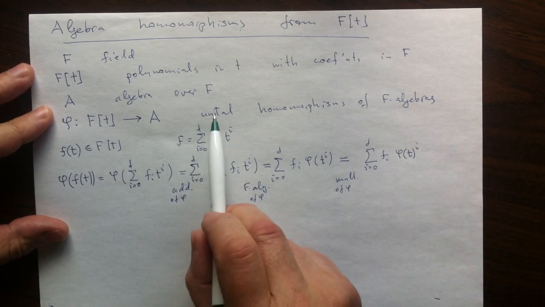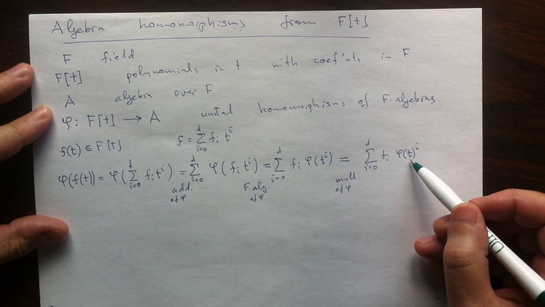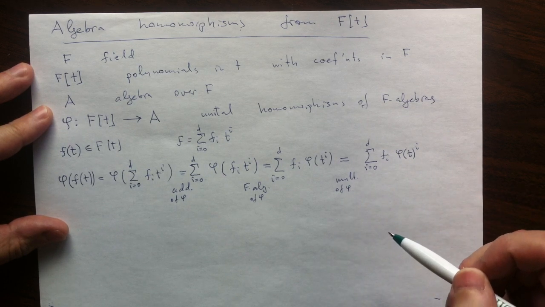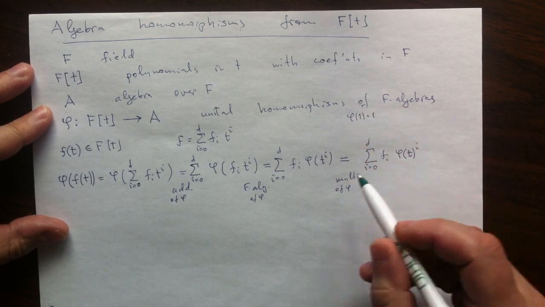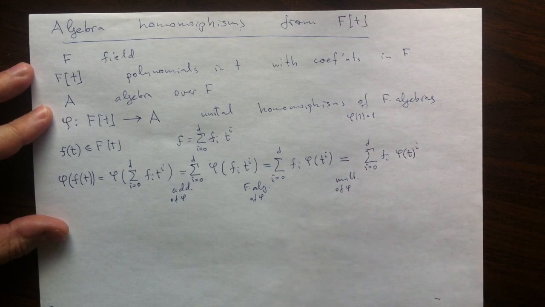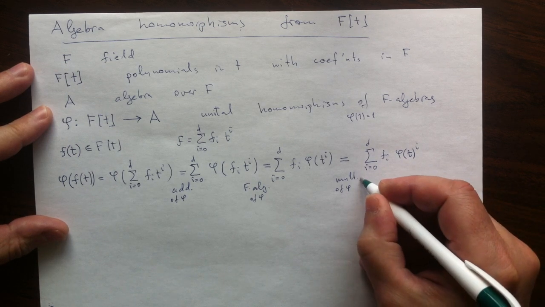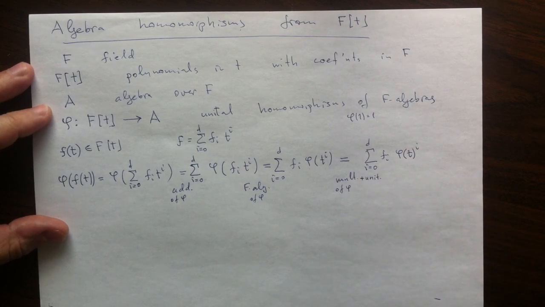So one point here, assuming that our homomorphism is unital for a reason, because here we are using also, on top of multiplicativity, this unitality condition, which really says that the value on 1 is 1. So the 0th power is 1, and now we're saying that this is also 1 after applying phi. So that is not just multiplicativity we're using here, but the unitality of phi as well.